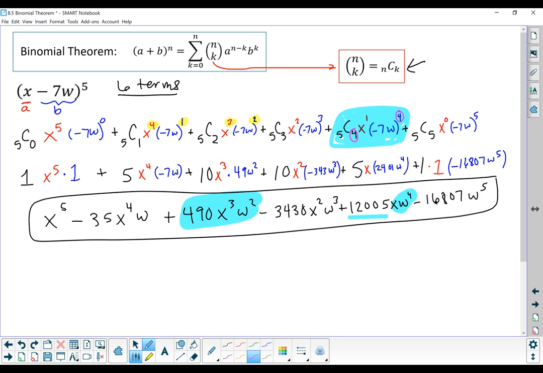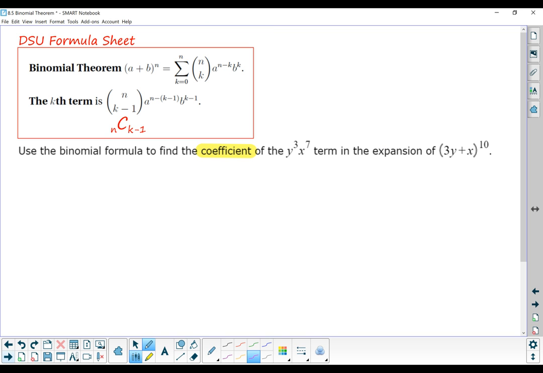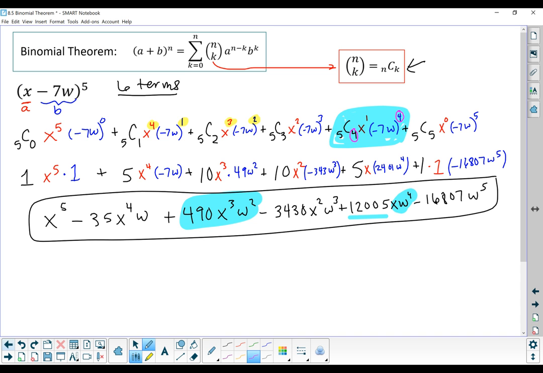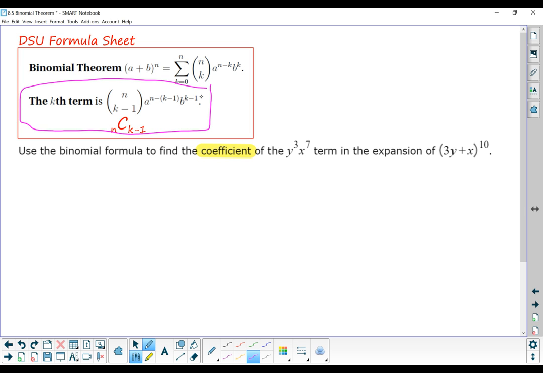And so we're going to use that idea. On your formula sheet, it looks kind of awful. It says to find the kth term, you use this little expression right here. And you'll see this is a 4 and a 4. On my formula sheet, that lists it as a k minus 1 and a k minus 1.